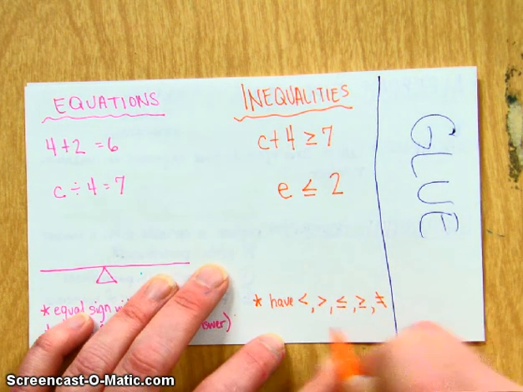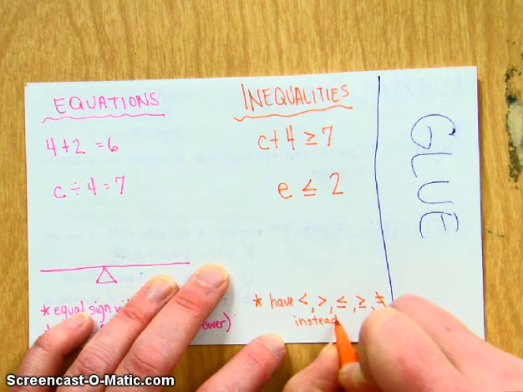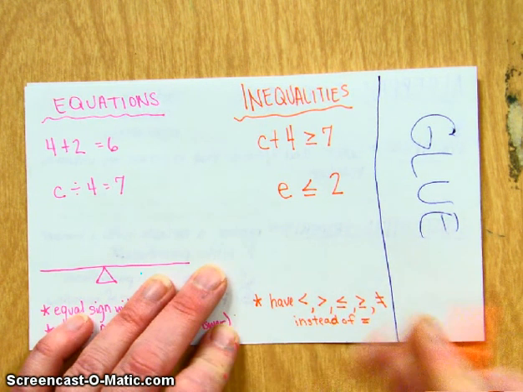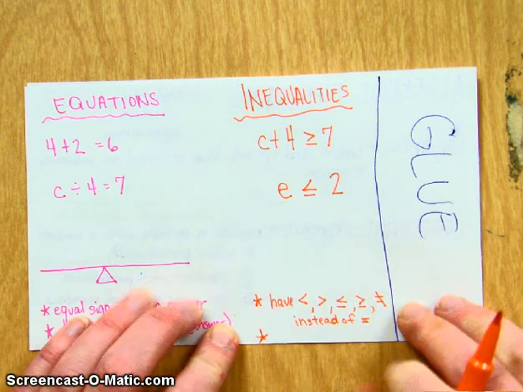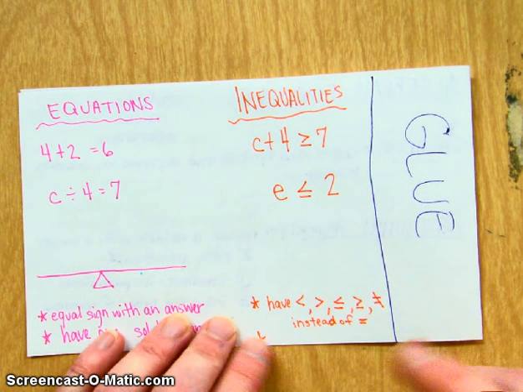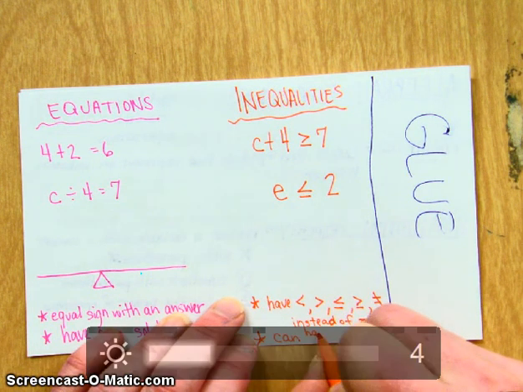They have those symbols instead of the equal. And something else that's different, these equations have one solution. Inequalities have many solutions.